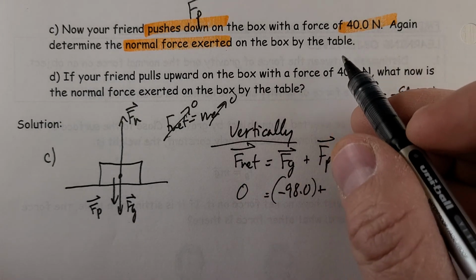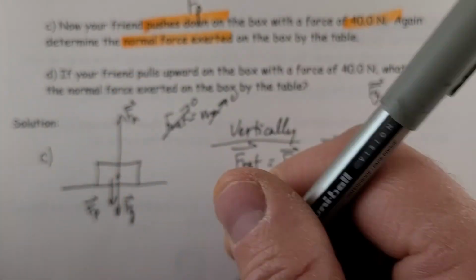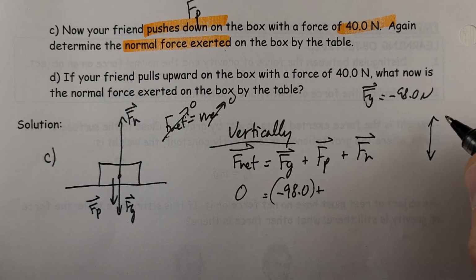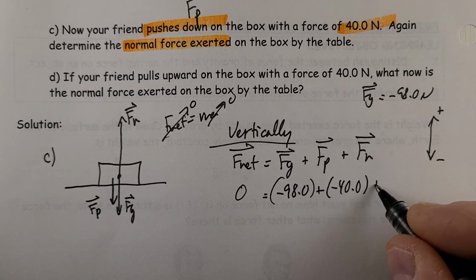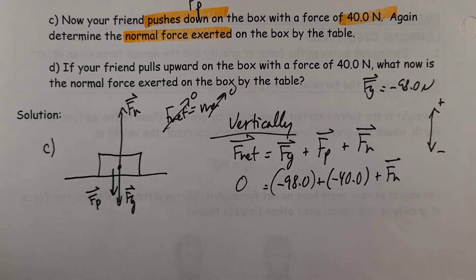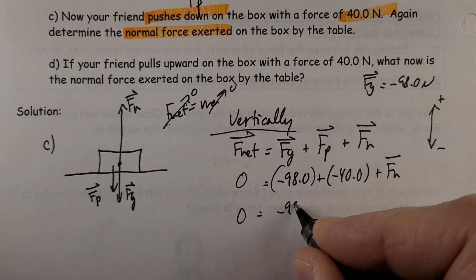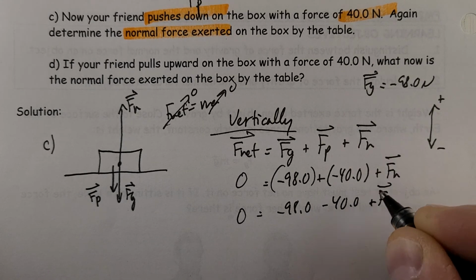Okay? And what else do I have? My pushing force is 40. But of course the pushing force is being exerted downwards. So I kind of mentioned earlier, we could have labeled this however we want, but we assumed upwards is positive, downwards is negative. So we'll put that as a negative 40. Then of course we're looking for Fn. So this is going to be simplified to negative 98 and a negative 40 plus Fn.